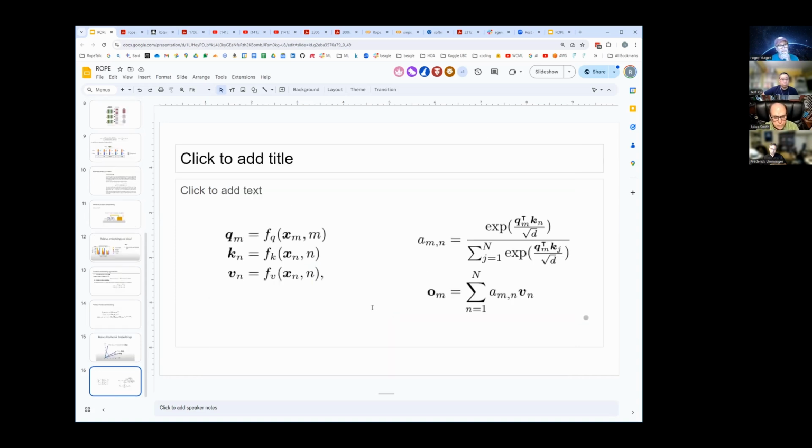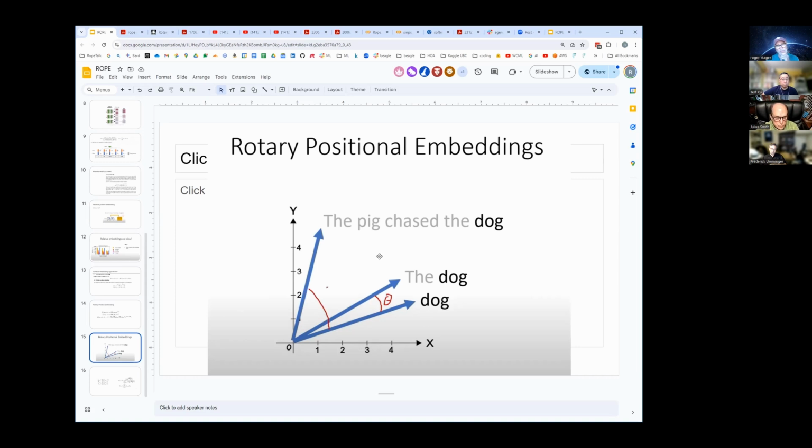That gives you both an absolute position and a relative position, because any two words that are a similar distance apart will have the same angle, regardless of where they are in the token sequence. Any questions on that? Does that kind of make sense?